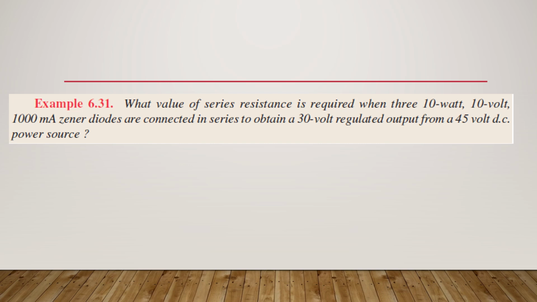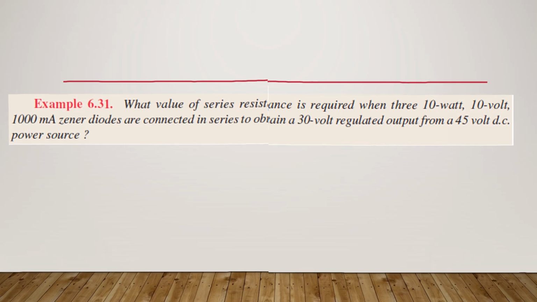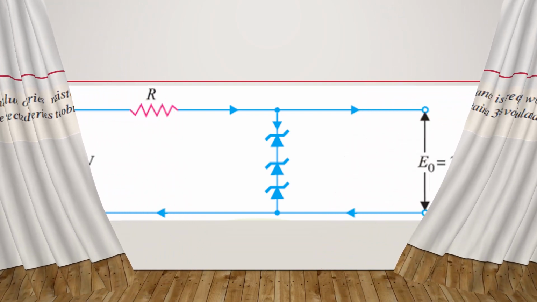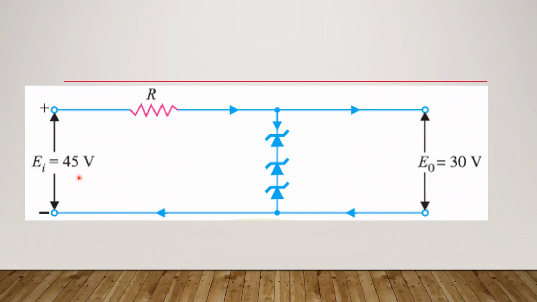So here we are connecting the 3 Zener diodes across a 45 volt supply. So you have to find the value of the resistance to be added so that you get the output voltage as 30 volt. Input voltage is 45 volt and output should be 30 volt, and the range of the Zener voltages is given, and the value of the resistance which needs to be added has to be found out.